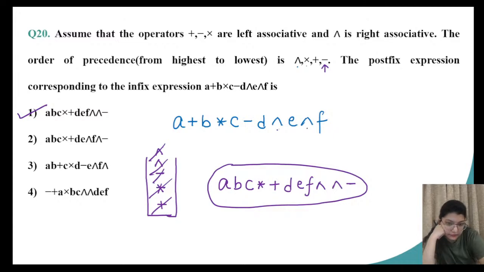This is what you're saying. So what about others? What do you think about this?